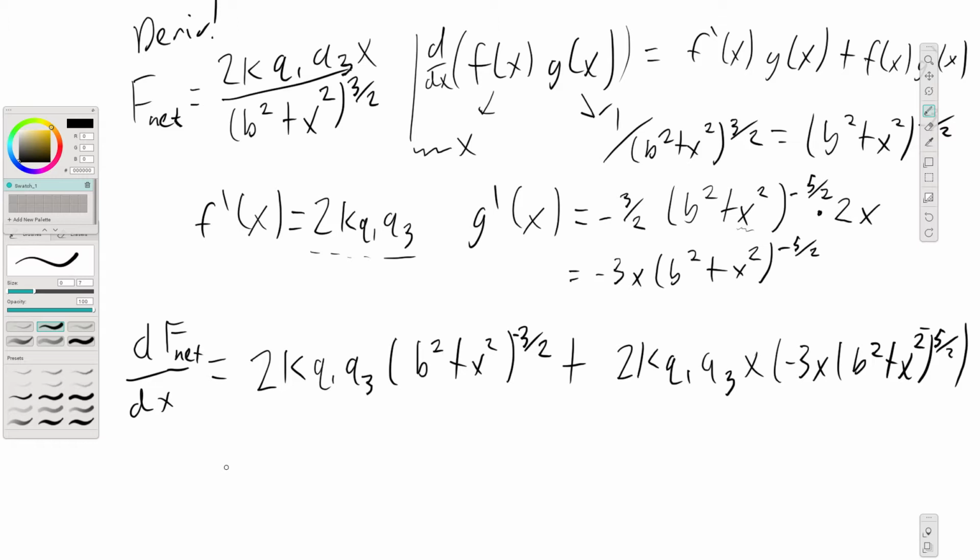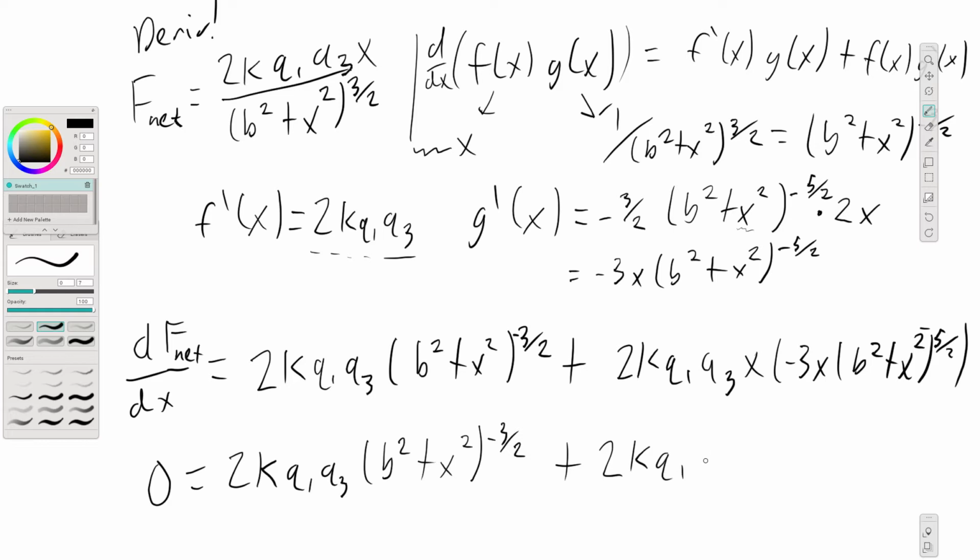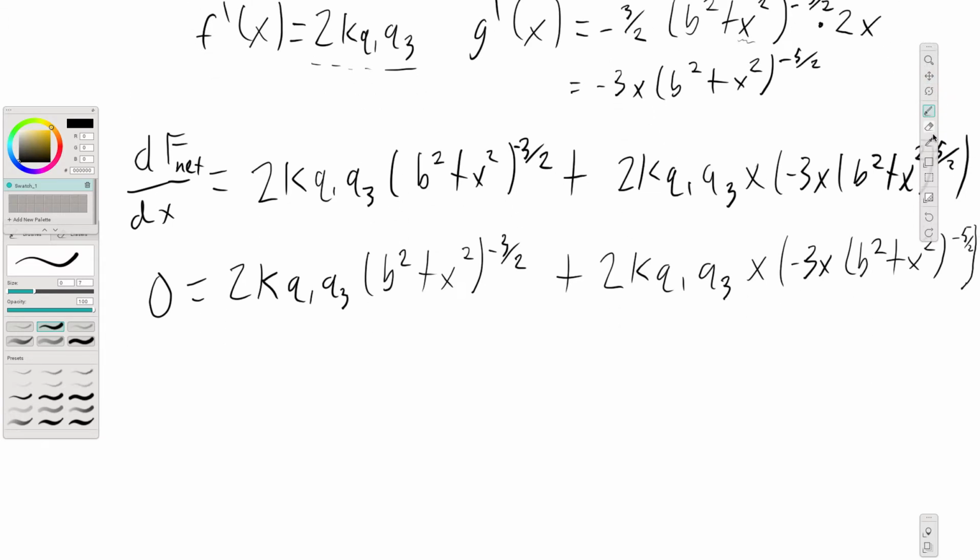Next up, I can simplify by reminding myself that I'm setting this all equal to 0. So 0 is equal to this stuff, which I'm going to rewrite, and it's going to look the same. How do I simplify this problem? I love that 0.